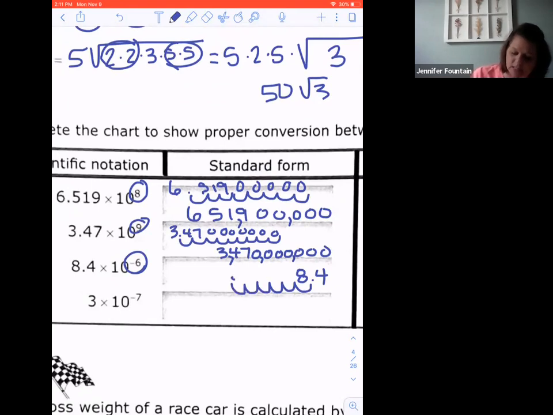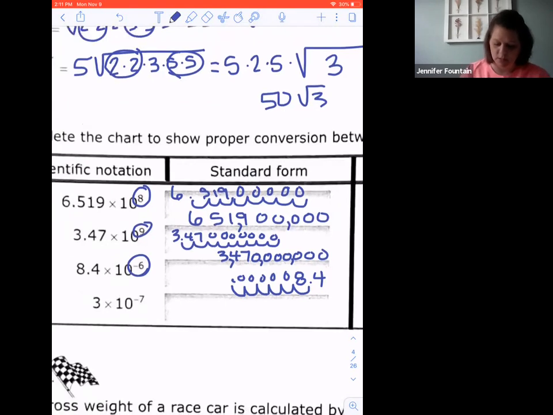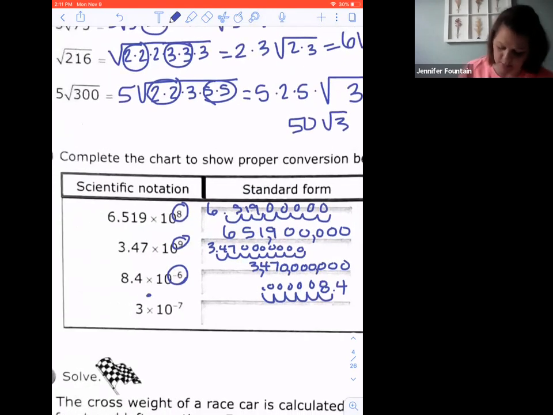Again, that's where my decimal goes now, and I fill in with zeros. So I'm going to have point, and I've got 1, 2, 3, 4, 5 zeros, 8, 4.